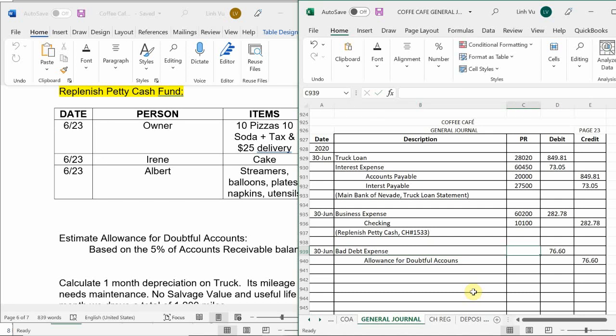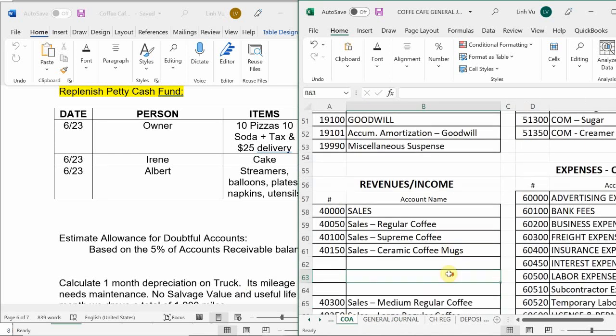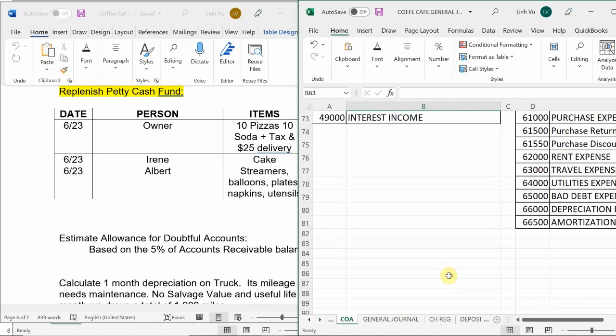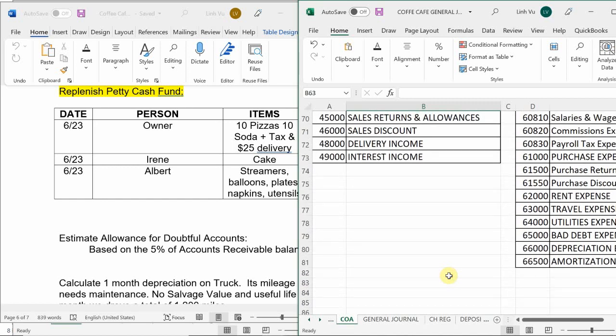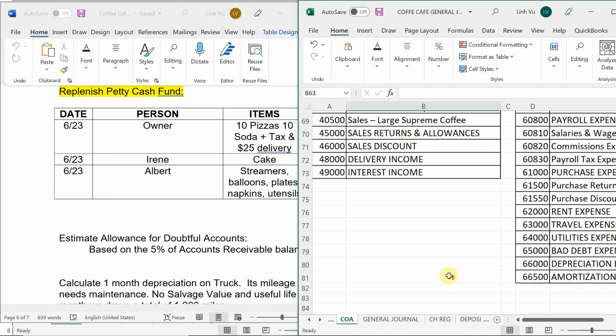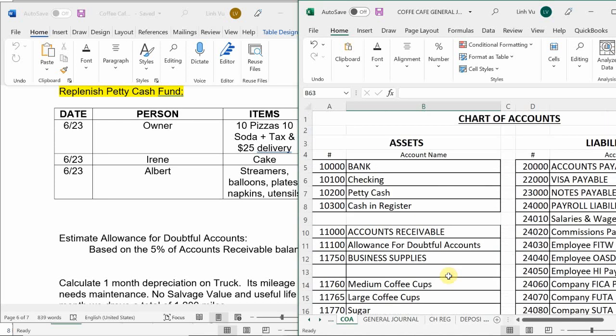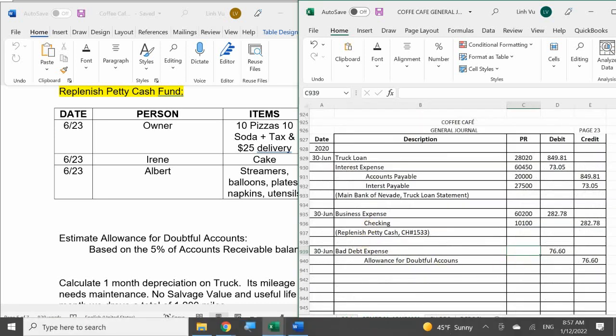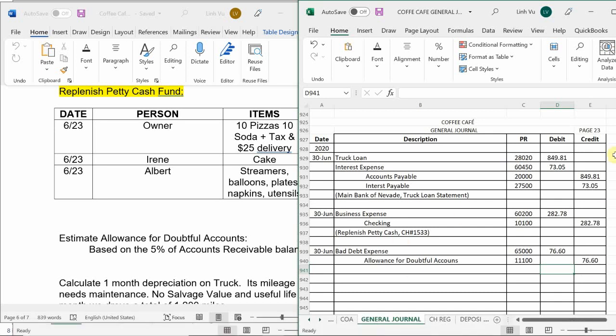Okay. So what account numbers are these? Bad debt is 65,000, and the allowance for doubtful accounts is 11,100. Okay. And then my note here or my description.